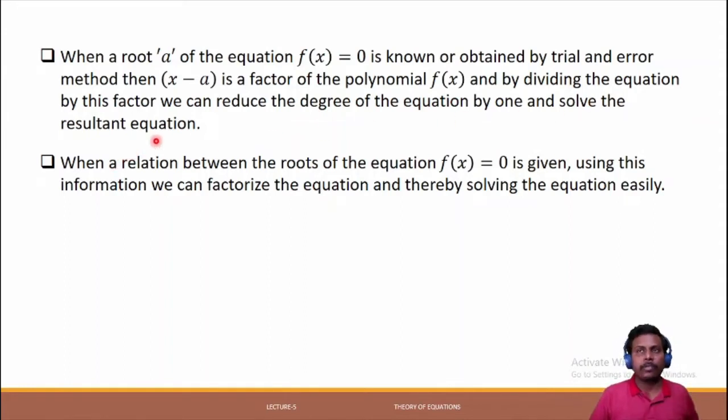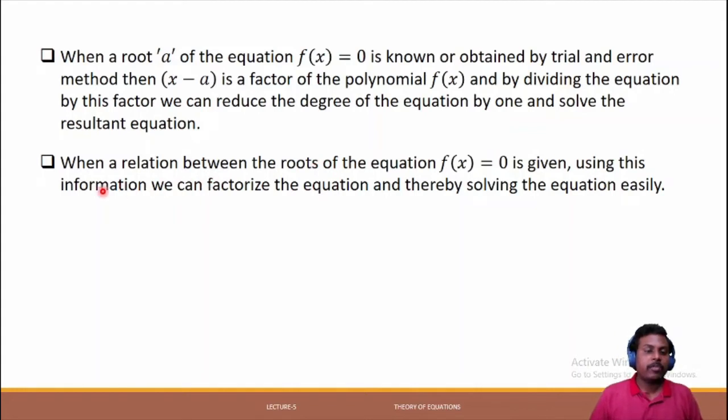That means if you find by some method or information that a is a root, then you divide the given polynomial by the linear factor x minus a. You can use Horner's synthetic division method to find the quotient. We can reduce the degree of the equation by 1 and solve the resultant equation.